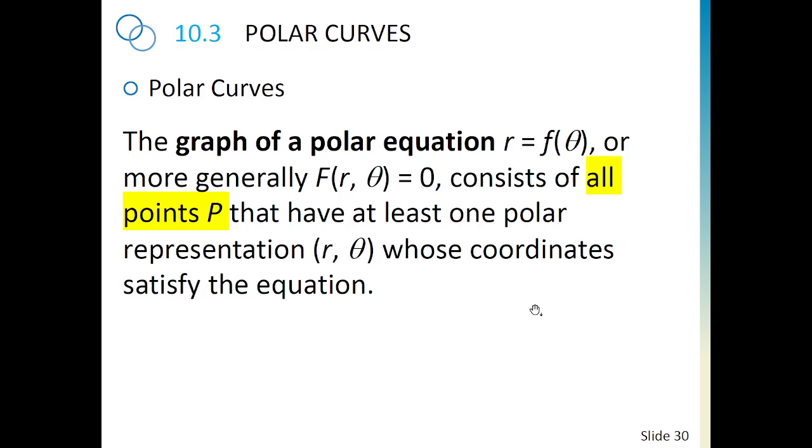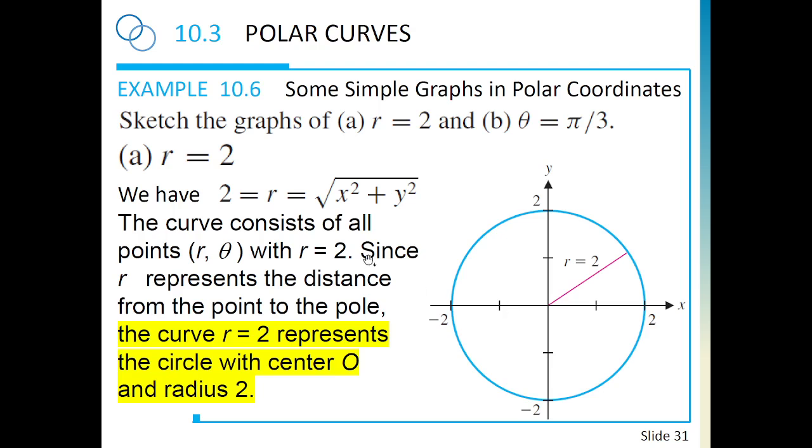So basically, how do we draw those things? Let's start with the simple expressions. r is the distance from the origin. r equals 2. And what is not written here is that theta can be any real number. When there are no restrictions on theta, we can take any real number there.